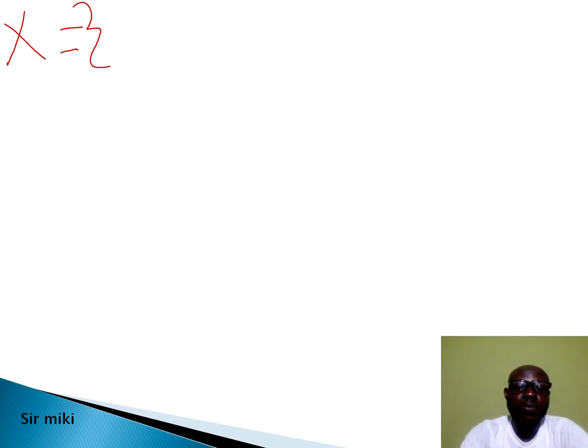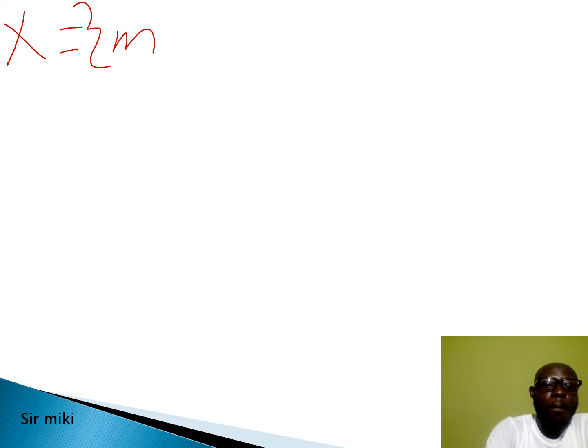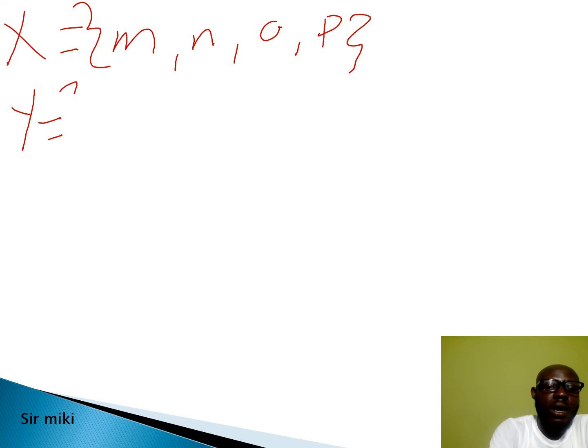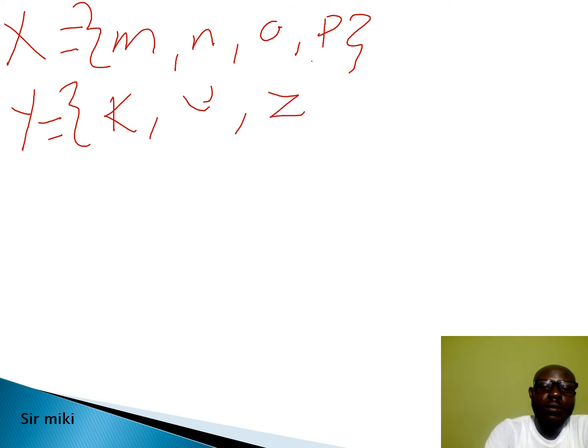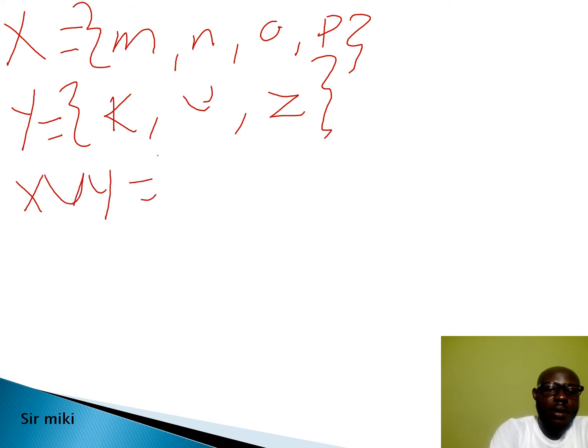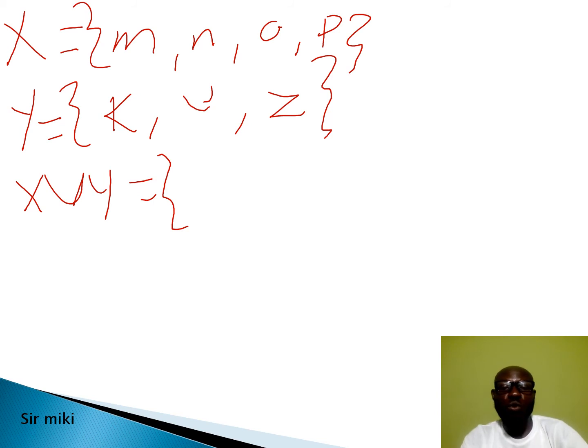So all right, now let's look at an example over here. I have set X equals, in curly brackets, M, N, O, P. Then I have set Y equals, in curly brackets, K, U and then Z. Now X union Y, what I have to do is to put these two sets together to form a set.